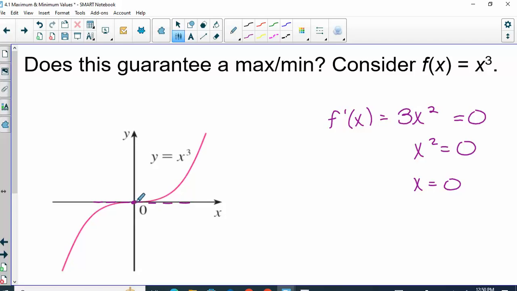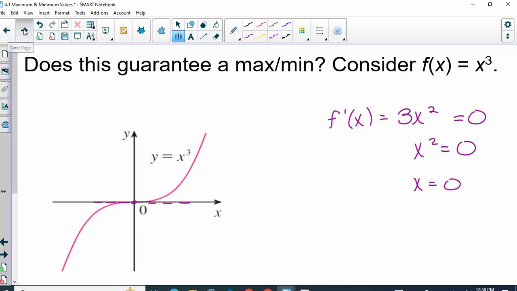No. So when the derivative is 0, it doesn't guarantee we have a max or min, but if it's a max or min on a continuous function, then the derivative is for sure 0 there. So here's what we're going to do to start finding maxes and mins. We are going to find derivatives, find where they're 0, and then we're going to test our points to see what is and is not the max or min.